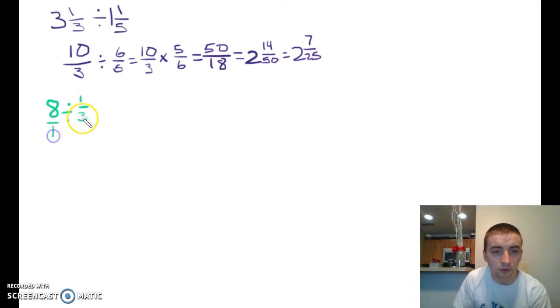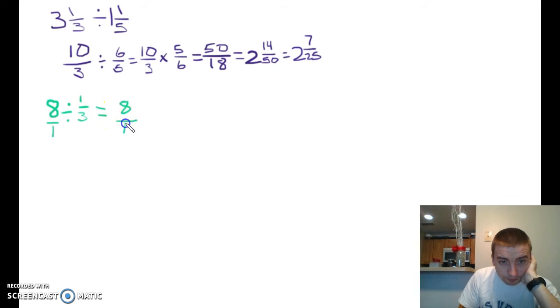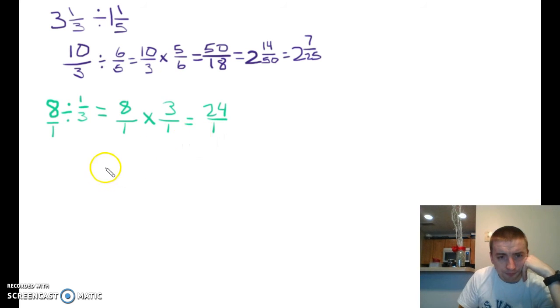So I'm just going to make that 8 over 1, divided by 1/3. So then I keep my 8 over 1. I'm going to switch my division to multiplication. And I'm going to flip it to 3 over 1. So I get 24 ones.